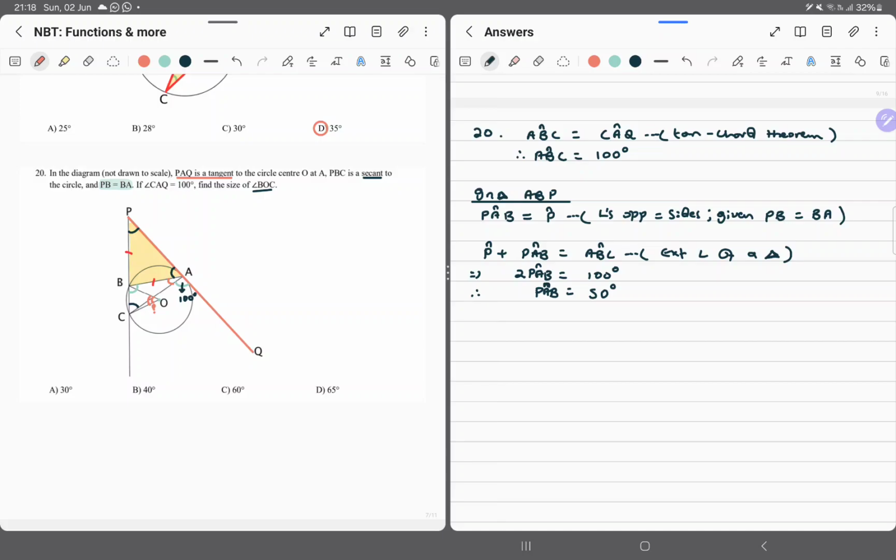So we can say here, we understand then that basically this angle PAB plus this angle BAC, this is our next guy of interest, plus angle CAQ equals 180 degrees. These are angles on a straight line.